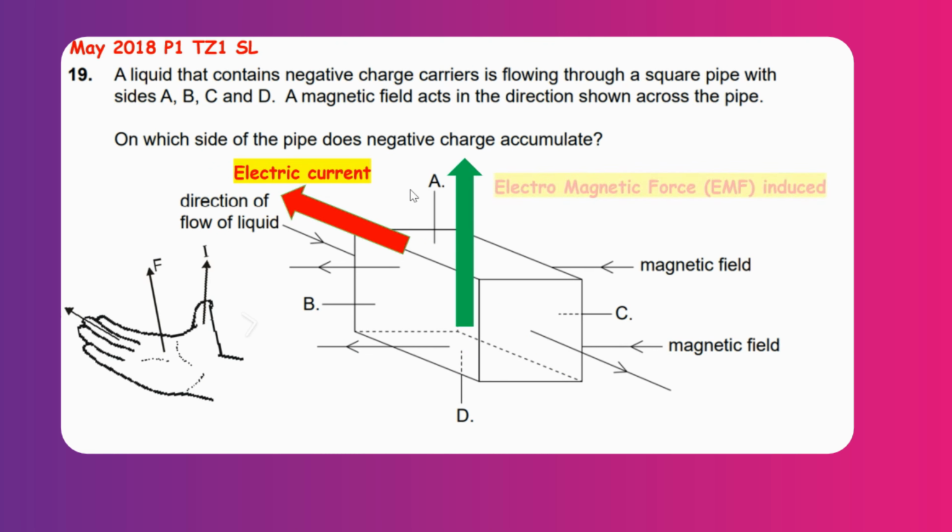But the question is, why do we have an electromagnetic force? The induced electromagnetic force comes from the interaction between the external magnetic field, which is coming from right to left, and the magnetic field around the electric current, or the charges themselves. So, as I said, we have an interaction between the external magnetic field and the magnetic field around the electric current.